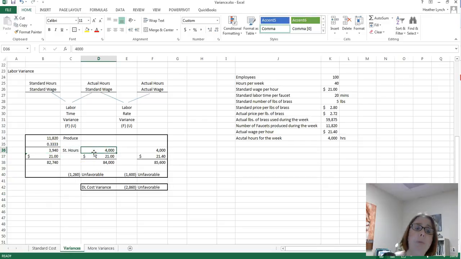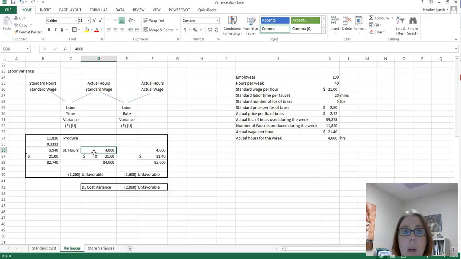We can go back and say, oh yep, we hired a bunch of new people, so we had a learning curve. Oh, that machine went down, so we were down by 60 hours where we couldn't produce anything. All of that helps us determine why our costs may or may not be off.